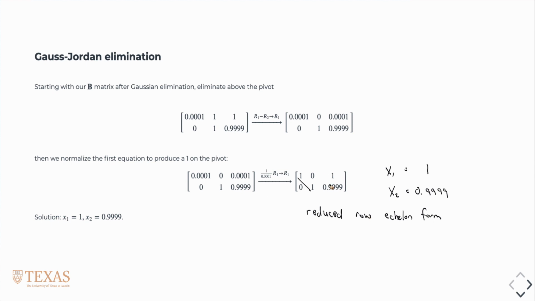This is a 2 by 2, so it might be hard to see, but if we had a 3 by 3 matrix or anything larger, we would have this, and then the augmented entries that contain the solution. All right, so that's reduced row echelon form.